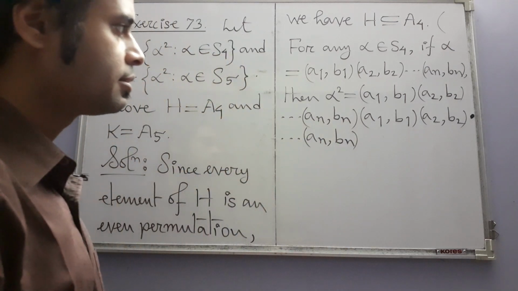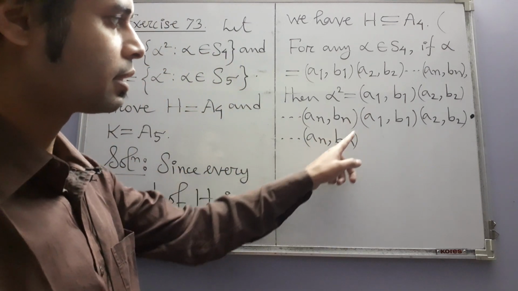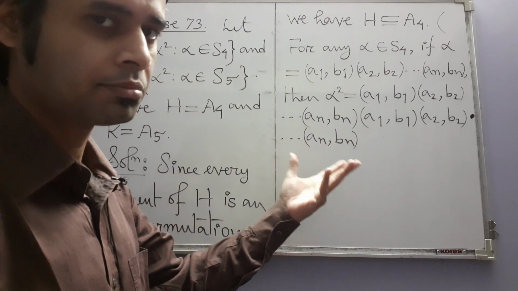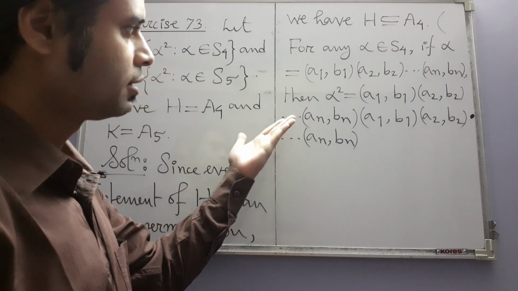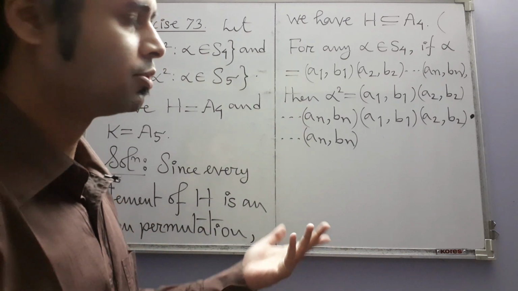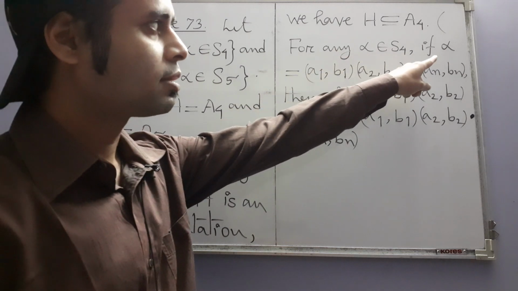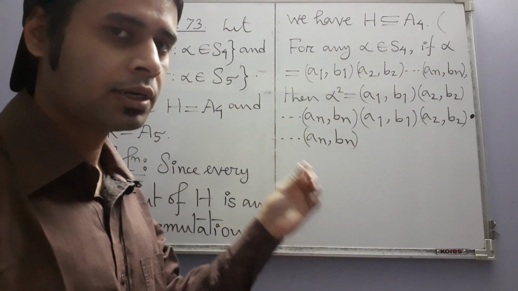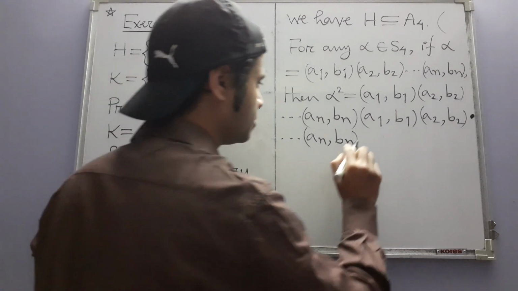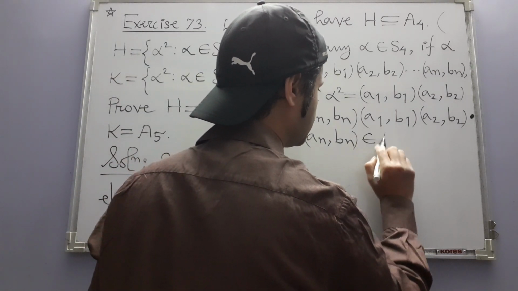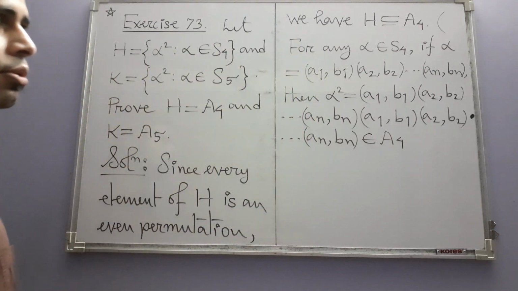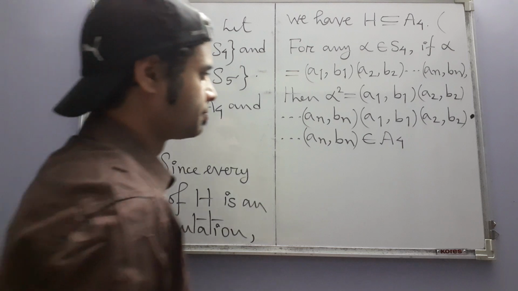So how many two cycles are involved in this product? 2n two cycles, and that number is even, so that's why alpha squared belongs to A4, it's an even permutation. Regardless of what alpha is, alpha itself may be an odd permutation, but that does not matter. So this belongs to A4, and that is why H is contained in A4.